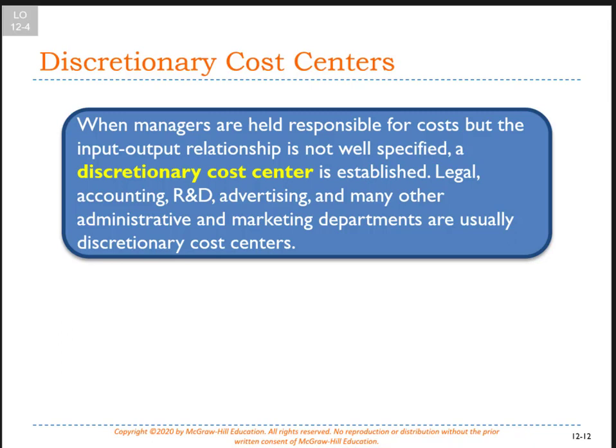Now, for some pieces like accounting, for instance, I have seen measures where they will measure that accounting needs to process so many purchase orders or so many invoices, so many other things like that. How many paychecks for payroll?